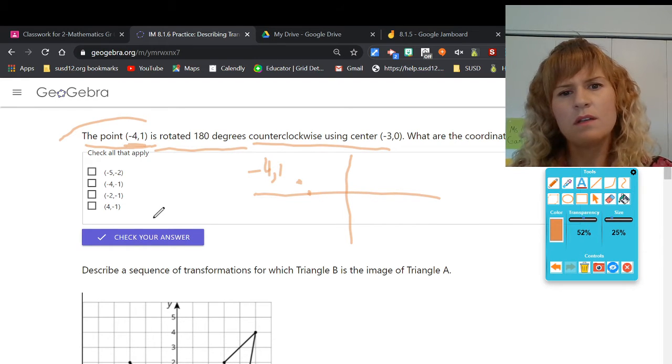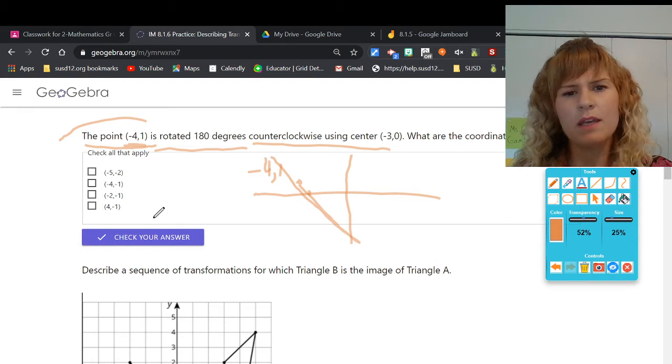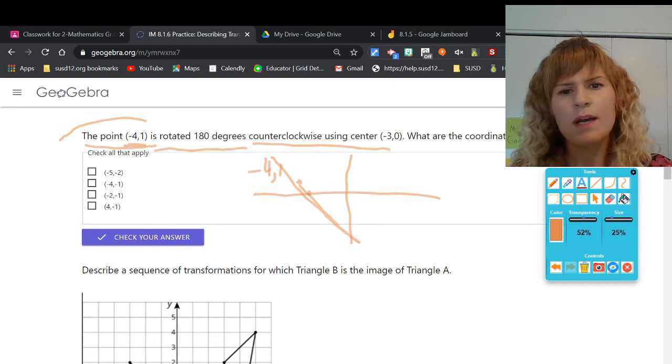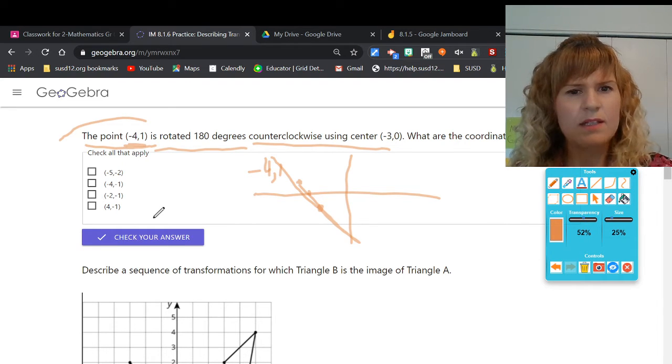Then it's going to be on this line right here. What are the coordinates of the image? Well, it's going to go over right about here. I can sort of visualize that.